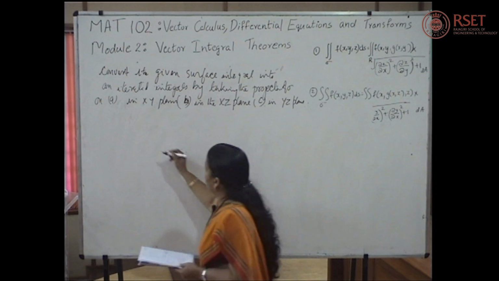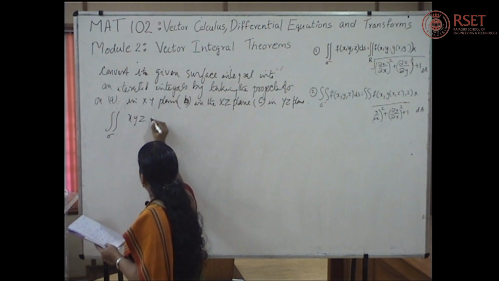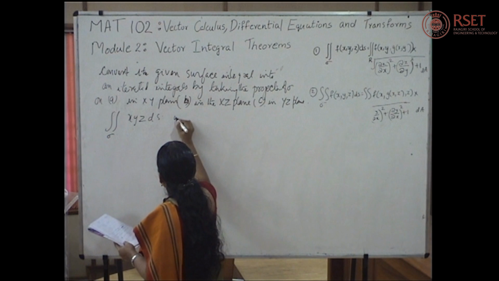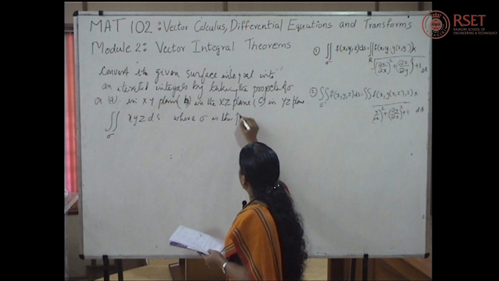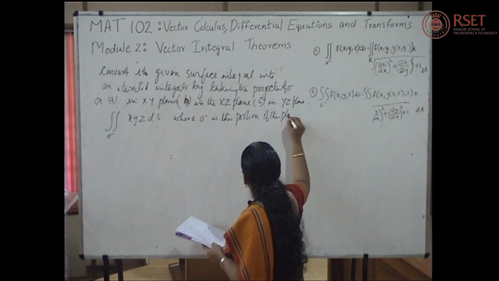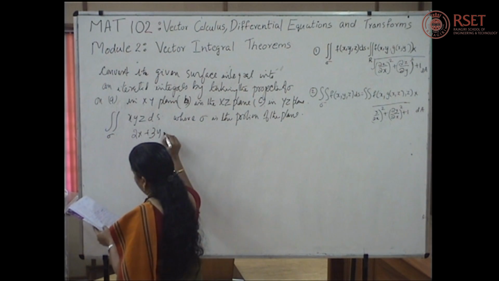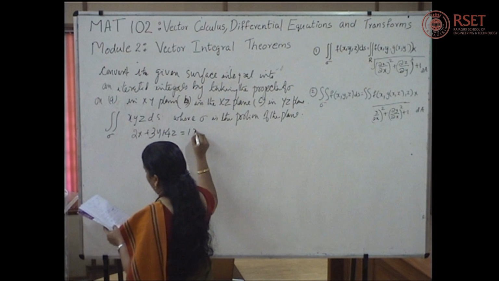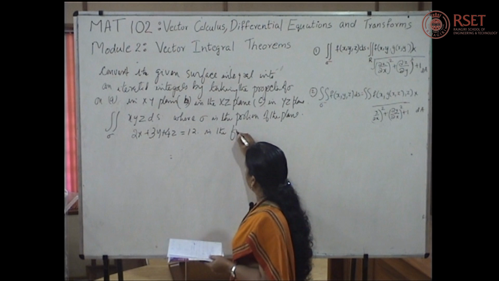The integral is double integral over sigma xyz dS, where sigma is the portion of the plane 2x plus 3y plus 4z is equal to 12 in the first octant.